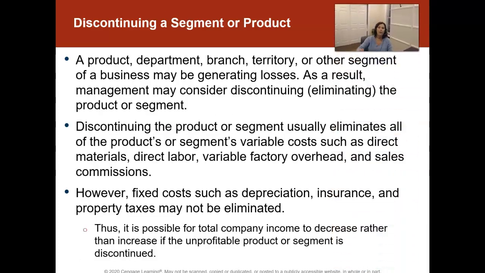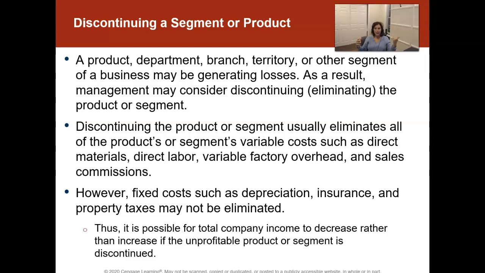Often we are faced with a decision of whether or not to discontinue a segment of operations or a particular product or model that we're making. What we want to not lose sight of is that there is a portion of our costs, our fixed costs, that we have allocated to that segment or that product or whatever it is.